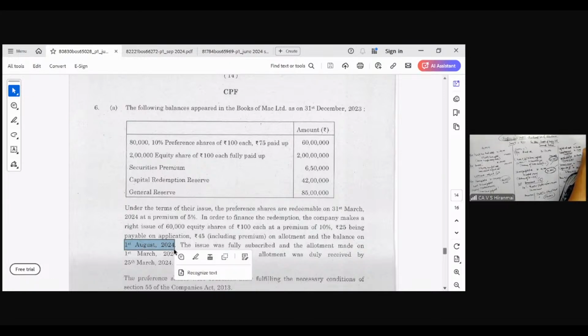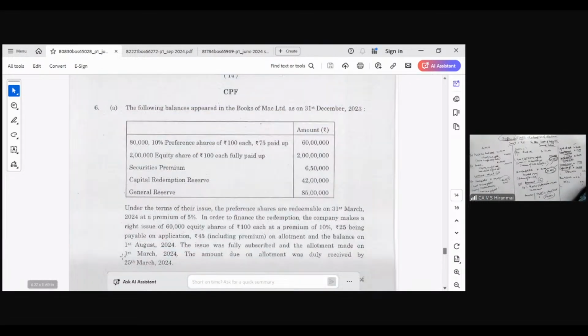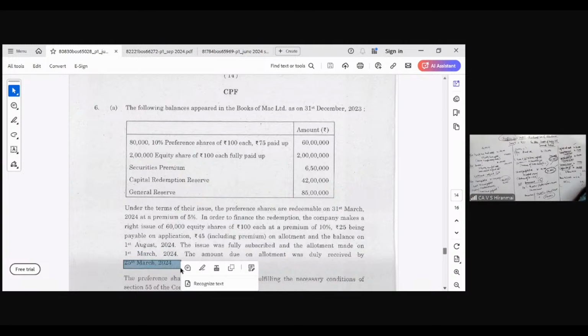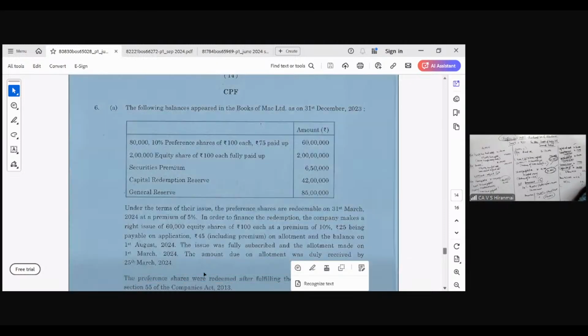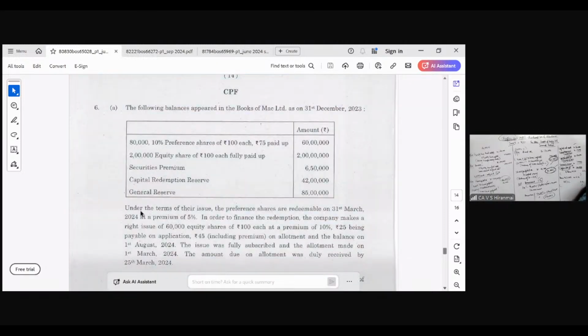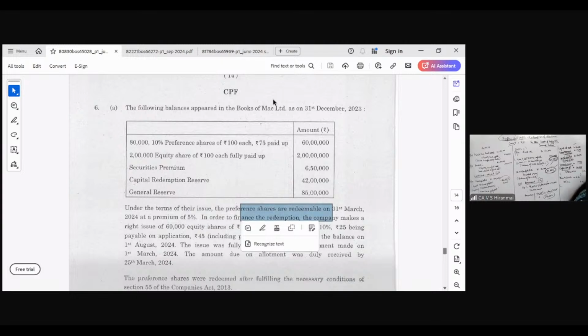No, they are making it on 1st of August. The issue was fully subscribed and everything happened on 1st of March. Allotment money was also received on 25th of March. Now read: the preference shares were redeemed after fulfilling the necessary conditions as of 31st of March. So this is that same question, my dear students.